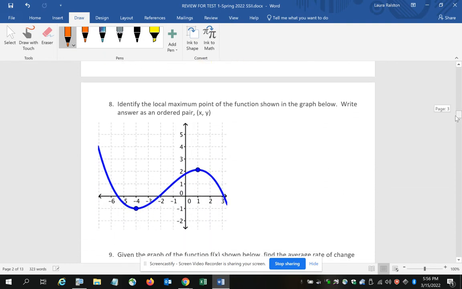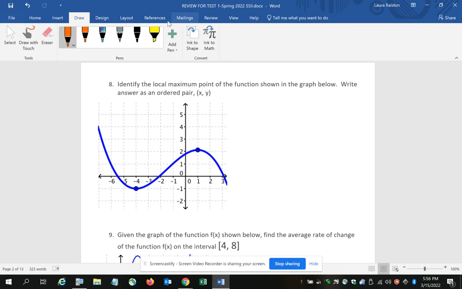Number 8 is a similar question, but it says identify the local maximum point. Okay, so that's the highest point of the function, and again it should be a point, so it's written as an ordered pair.